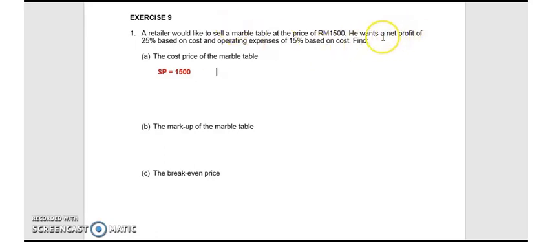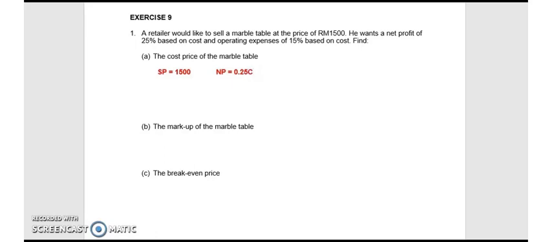You need to know how to convert this sentence into a mathematical sentence. So net profit NP is 25%, so 0.25 based on cost, which means multiplied by cost. Simply, you can write 0.25 C.